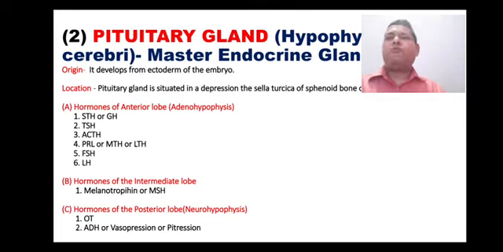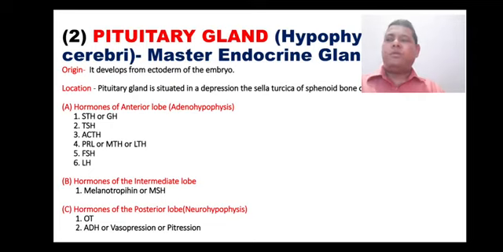The name leutotropic hormone, LTH, refers to the fact that it stimulates the corpus luteum of the ovary to secrete progesterone. Target cells are of the mammary glands.